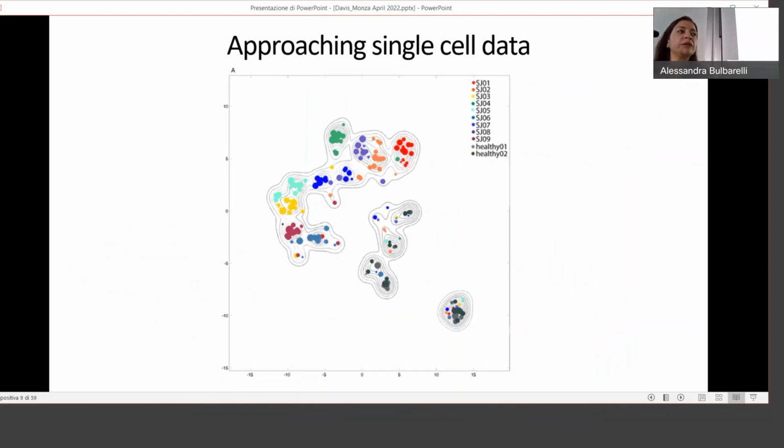But the first thing that we realized when we were just clustering these cells based on their expression of surface proteins, that basically every circle here represents a cluster of cells, but they're colored by patient. And what we could see was that every patient pretty much clustered together. There was very little overlap between the patients. And our goal was really to understand what are shared cell phenotypes that may have something to do with patient outcomes. So we encountered this challenge pretty early.